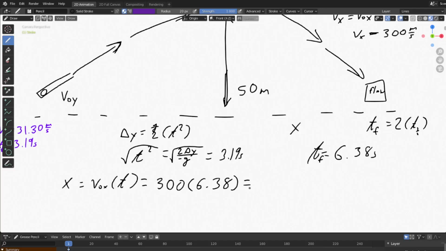And opening up my calculator once again, 300 times 6.38 is equal to 1,914 meters. Which, if this was in years, that would be the year where World War I started.